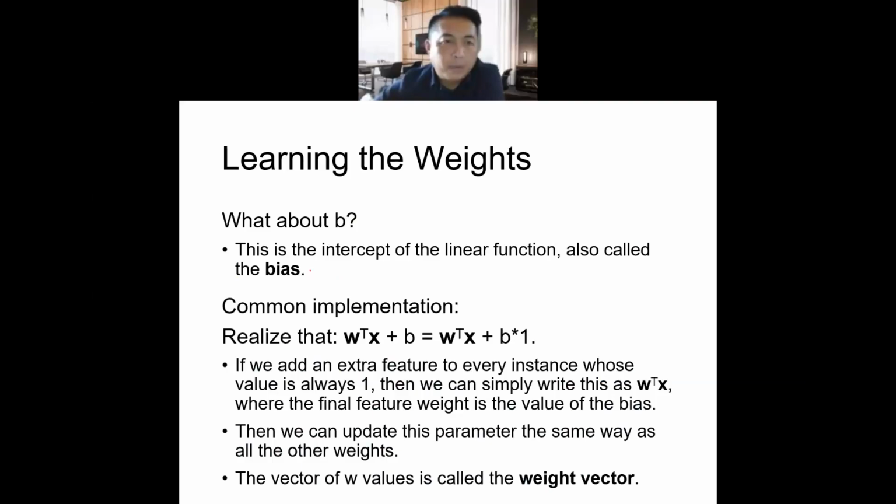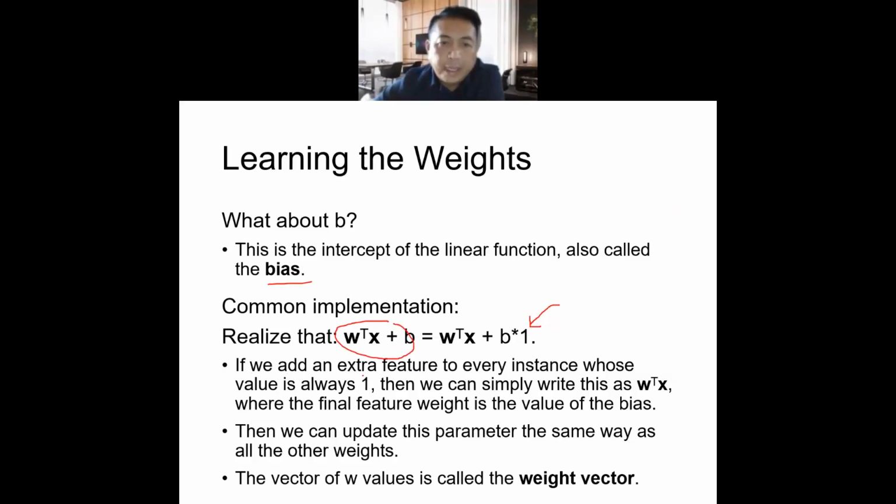So what about the b? This is the intercept of the linear function, and this is what we call the bias. The common implementation is to have a constant multiplier here.